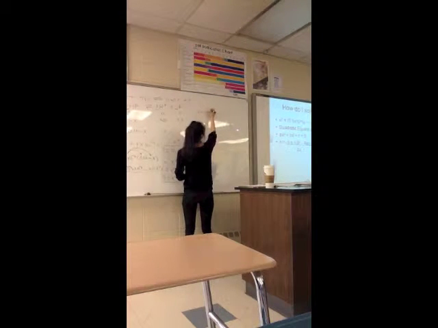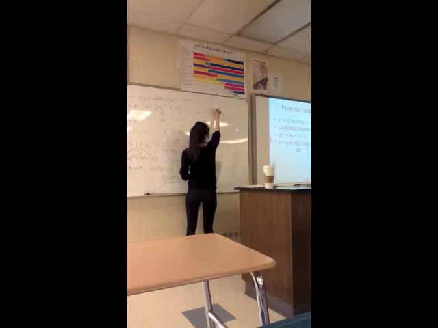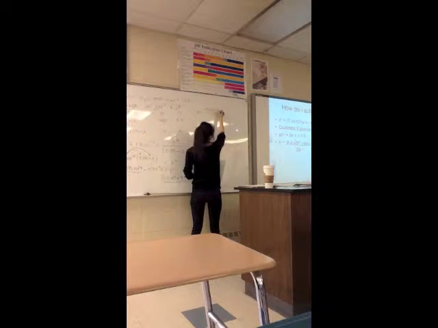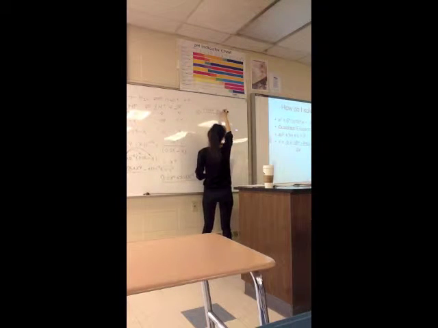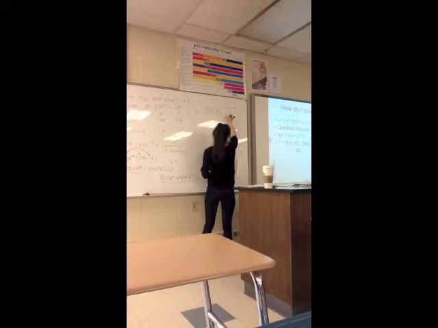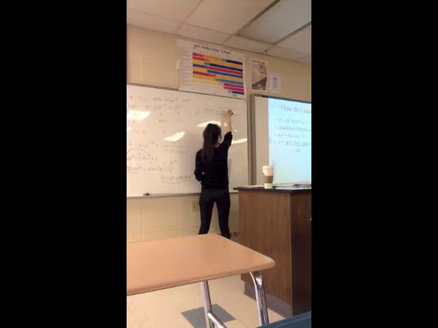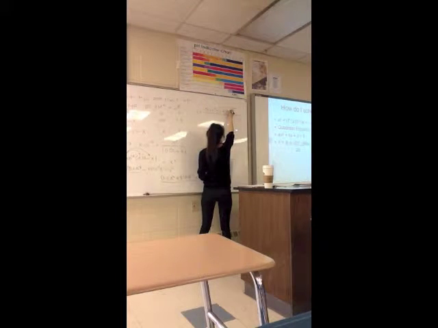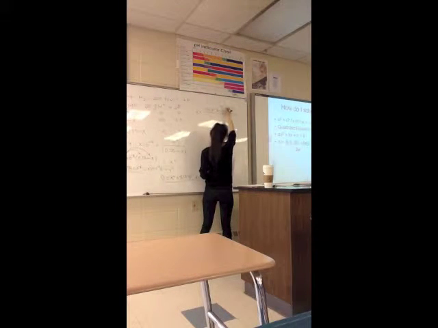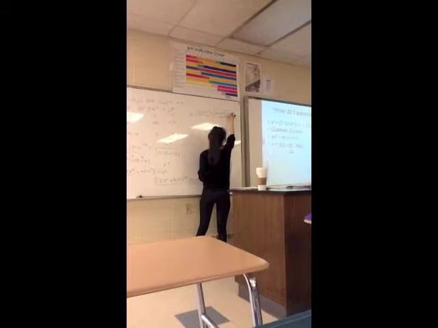So 7.1 times 10 to the negative 4 plus or minus square root of b squared, the same number but without a negative sign in front of it, minus 4.